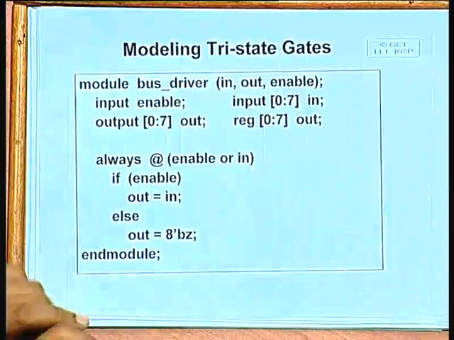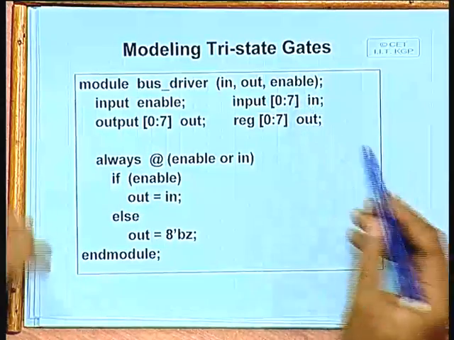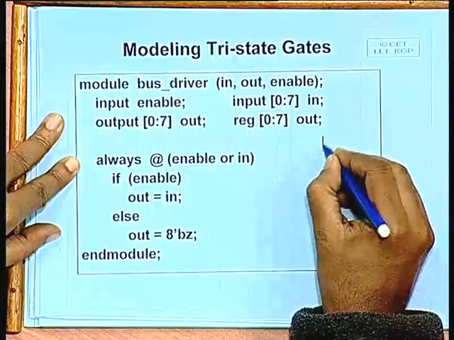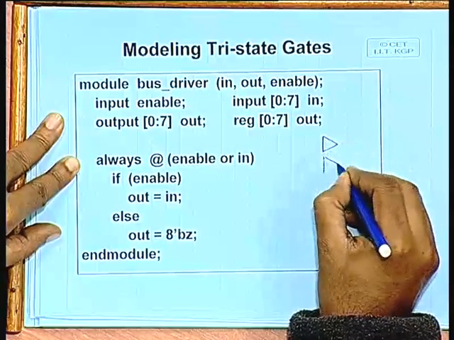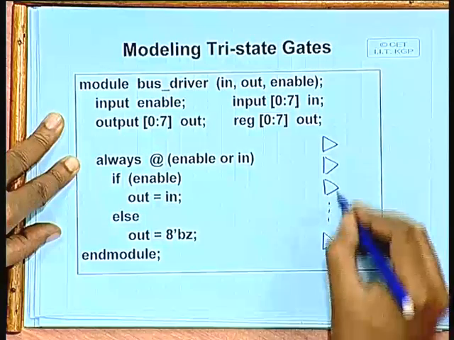There are some explicit ways of modeling tri-state gates. I am giving an example. This is a simple example which models a bus driver with output enable. In fact, this models an array of 8 bus drivers.